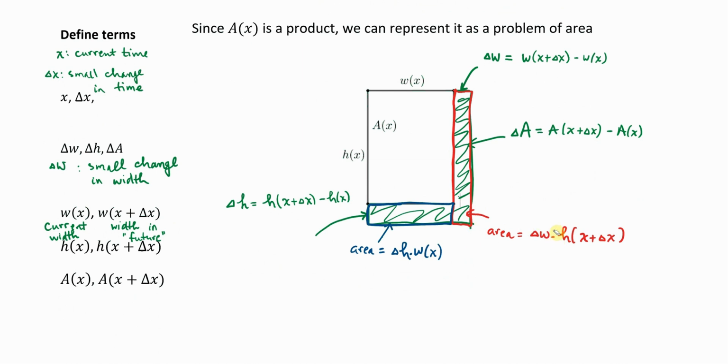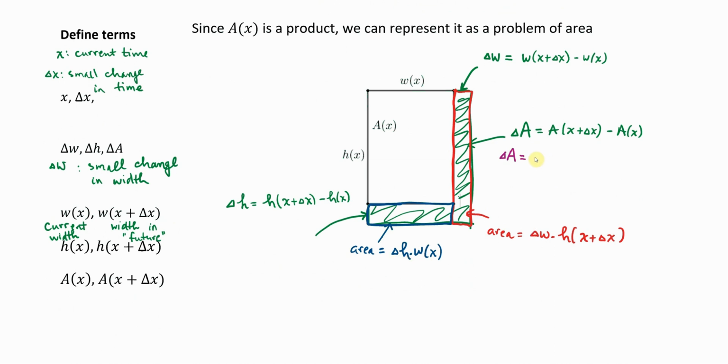Okay, so now that allows us to rewrite delta A. What is delta A? Delta A is this blue expression plus this red expression, so let's combine that together. Delta A is equal to what I have here in green, but it's also equal to the sum of the blue and the red.